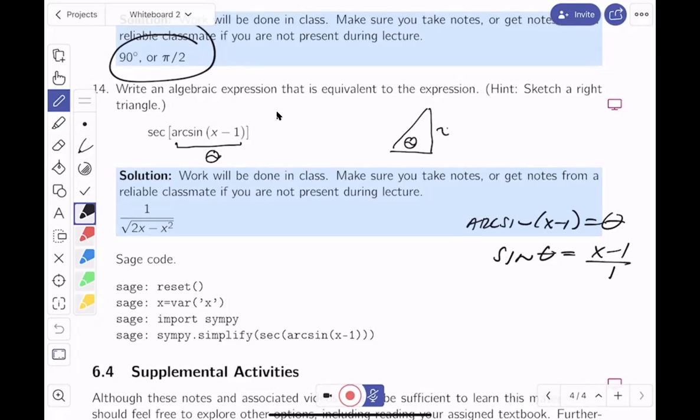Let me write this down: x minus 1, 1. Let me put the other side down. I'm on the Pythagorean theorem, right?